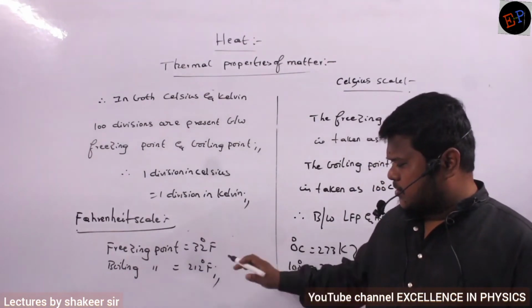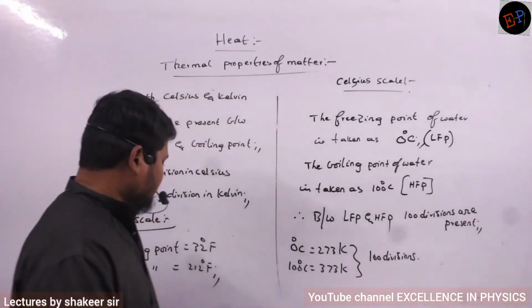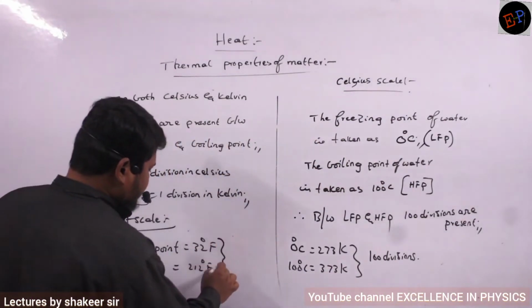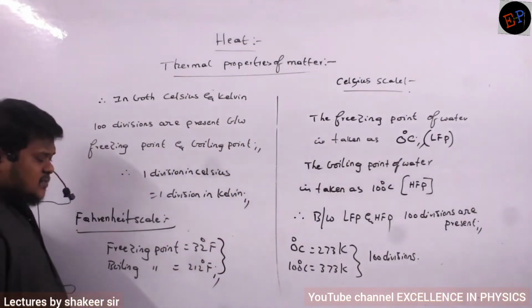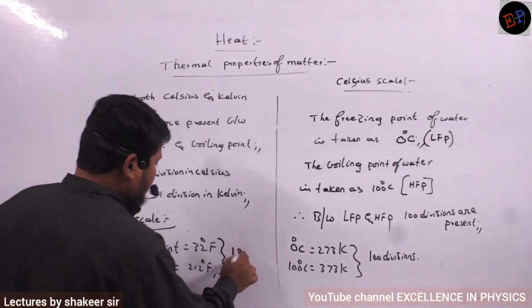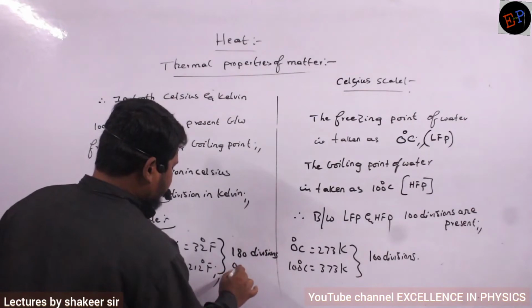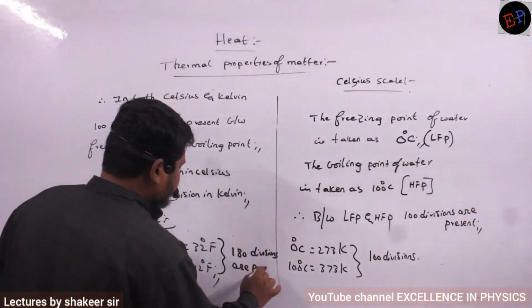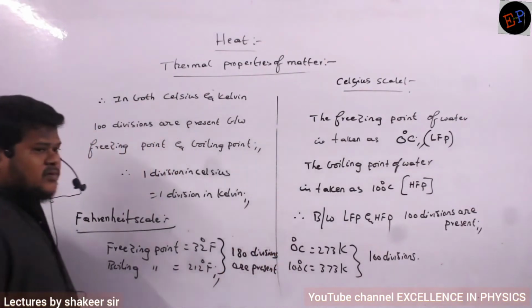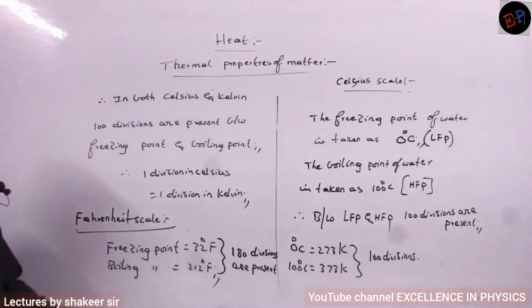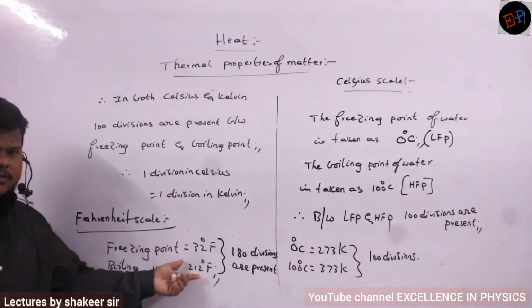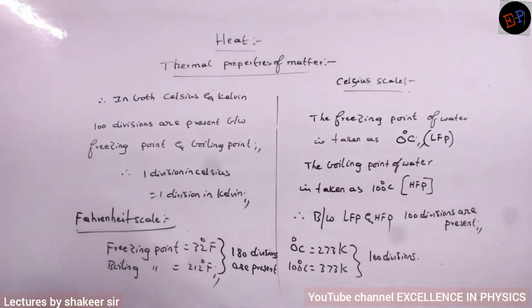So in between 32 and 212, how many divisions are there? In between both of them, how many divisions are there? 212 minus 32, 180 divisions are present. Understood, no? Between 32 and 212, how many divisions? 180 divisions are present.